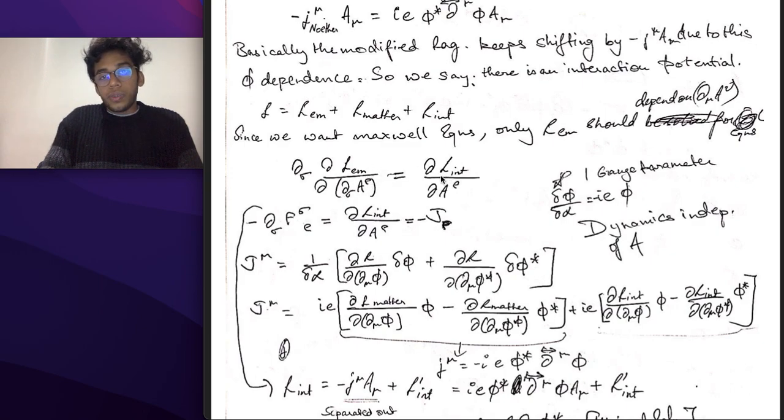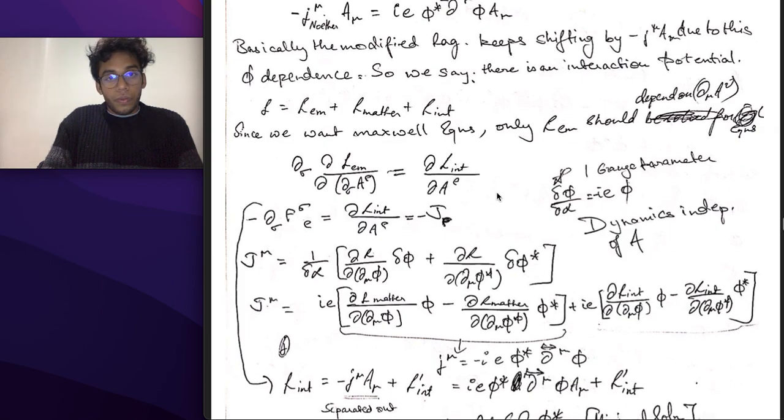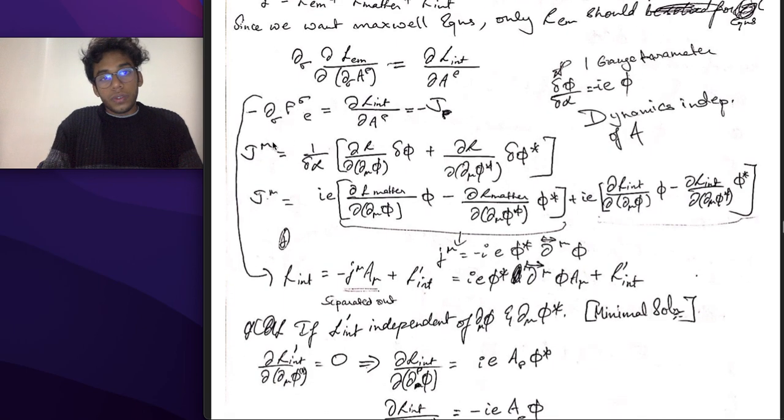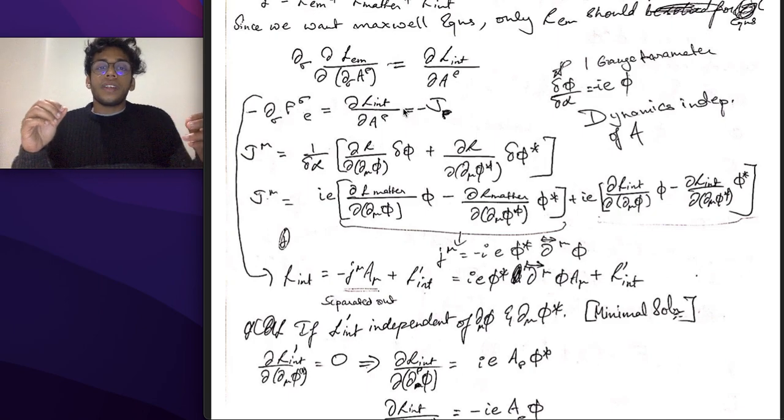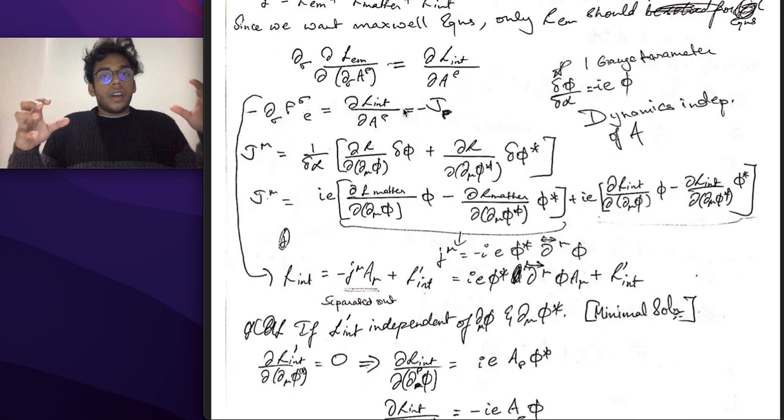And since we want dynamics, we say only the L_interaction varies with A_ρ. So once you have this, you define a new current, and you define this current to be only the current due to the interaction. So essentially, this is the idea, right?